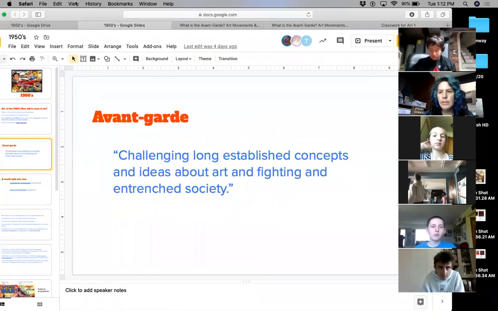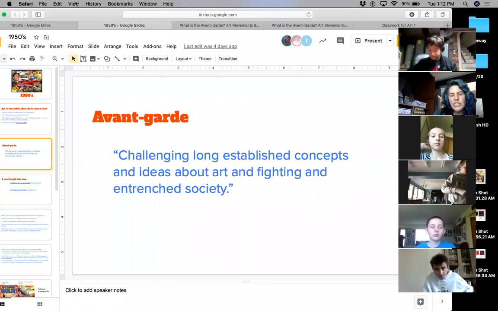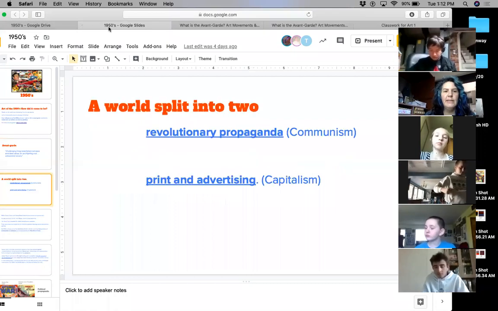I love this quote. With the avant-garde, challenging long-established concepts and ideas about art and fighting an entrenched society. This really shows with the 1950s. So in the 1950s, the world was split into two.